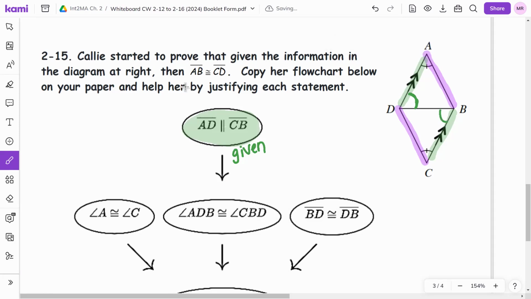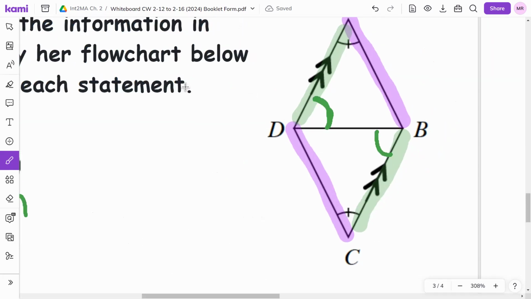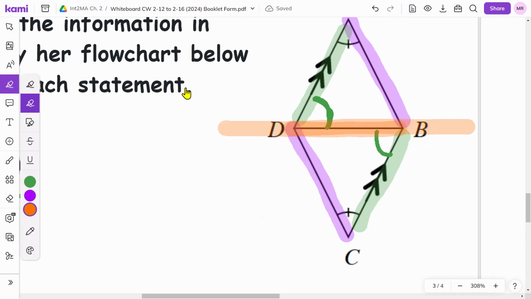Now, the reason for that is, if I zoom in, we have parallel lines cut by this transversal that I just drew in there.